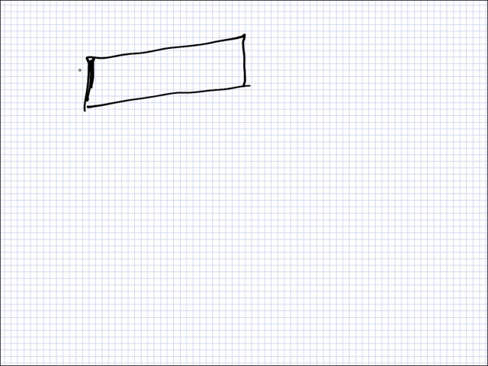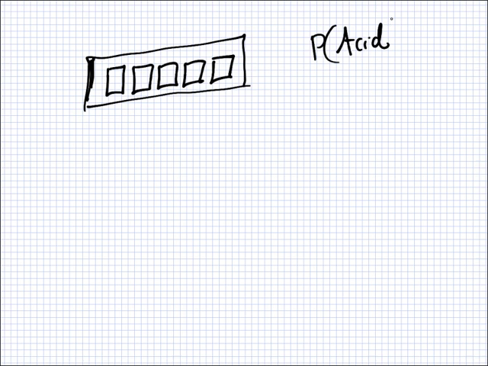We'll say you're testing if something is an acid or a base, and you have 5 samples. 1, 2, 3, 4, 5. And let's say the probability that something is an acid is 5 over 6. And then, of course, the opposite, the probability that it's a base, is 1 over 6.